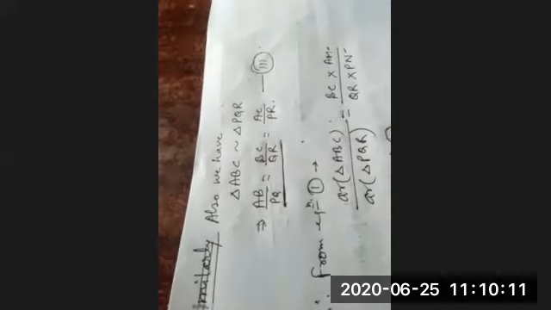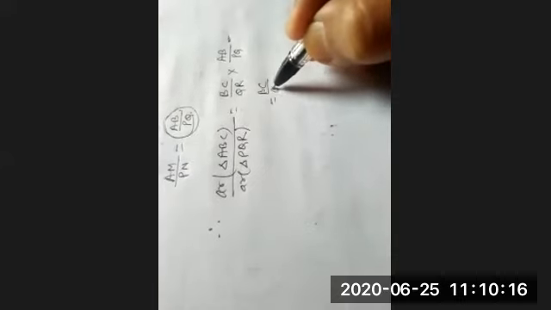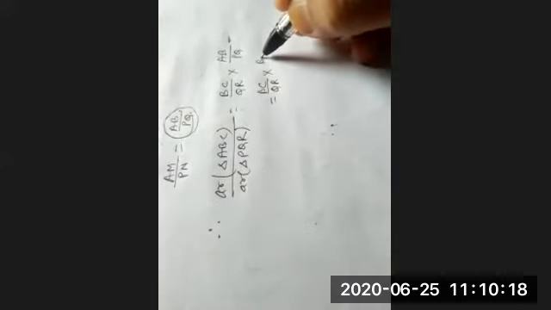So write BC by QR into BC by QR, and it will give us BC by QR whole square. Therefore, area of triangle ABC divided by area of triangle PQR is equal to BC by QR whole square. Yes, sir. One part of your question is proved.